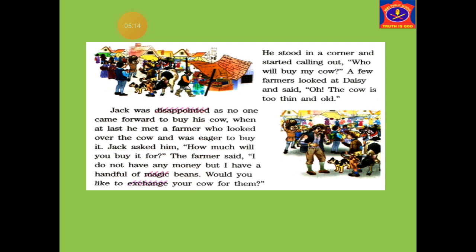Jack asked him how much money he would give him in exchange for that cow. Then the farmer told Jack that he did not have any money, and instead of money he had a handful of beans. And those beans were not ordinary beans, they were magic beans. And he told Jack that he would like to exchange those beans for the cow.